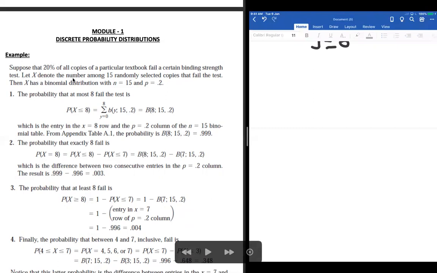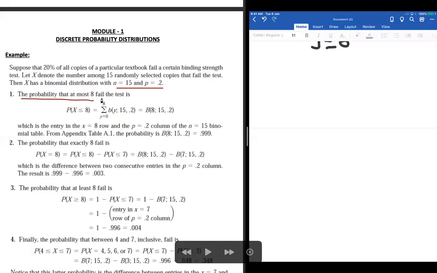Now let capital X denote the number among 15 randomly selected copies that fail the test, so n is equal to 15. Then X has a binomial distribution with n equal to 15 and p equal to 0.2.